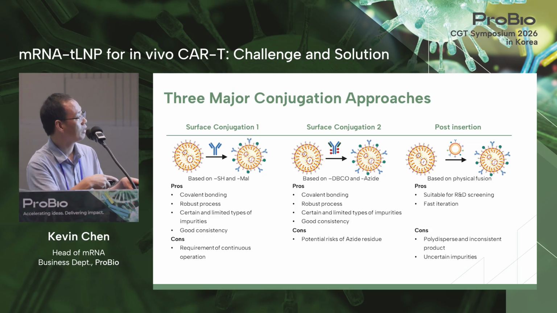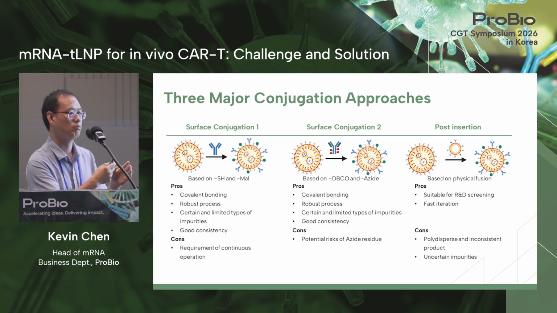It requires continuous operation, because if you separate these steps, the quality of the tLNP will be affected. That's the reason we usually do it in a continuous operation way.